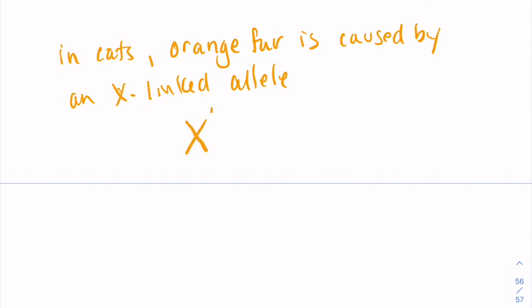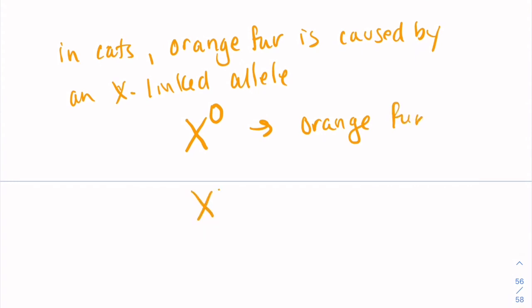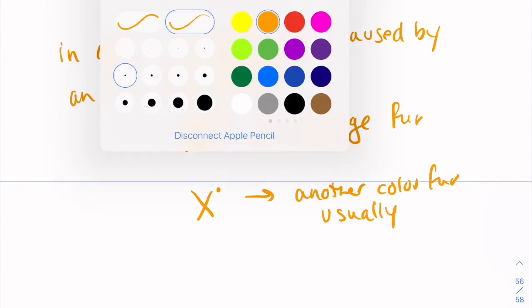And cats with a dominant O allele have orange fur, or will likely have orange fur, it depends if it's male or female. And cats with, I'll just draw a dot for a lowercase o so that we can see the difference, will have another color fur, usually black. So let me go back to black here.